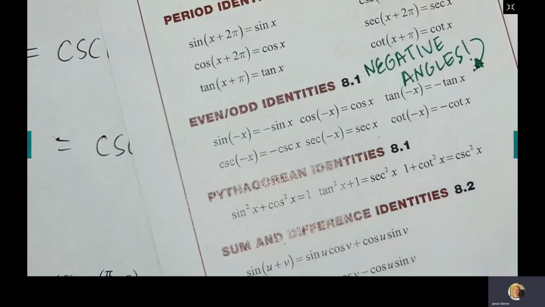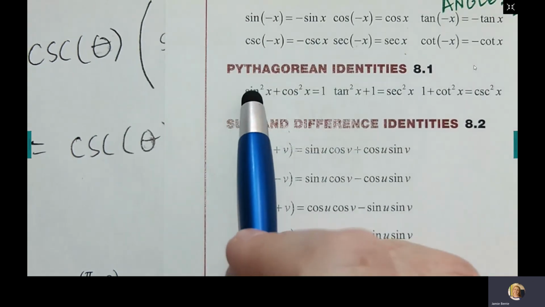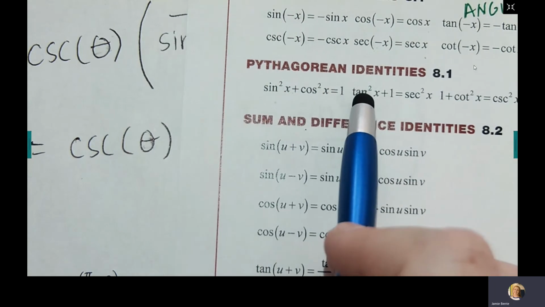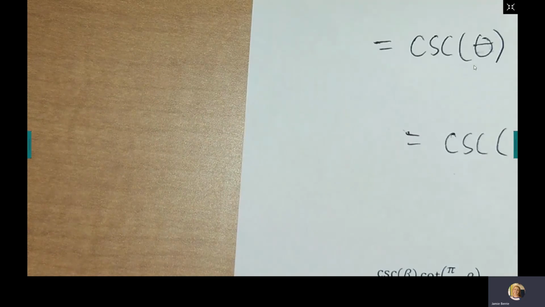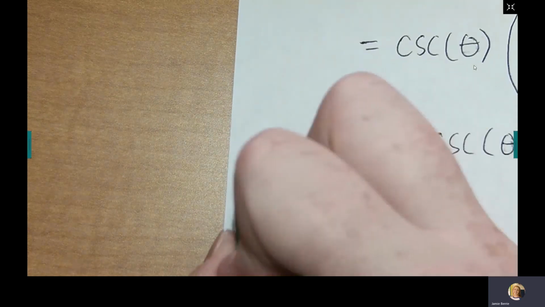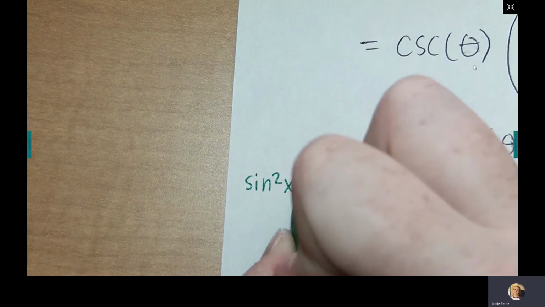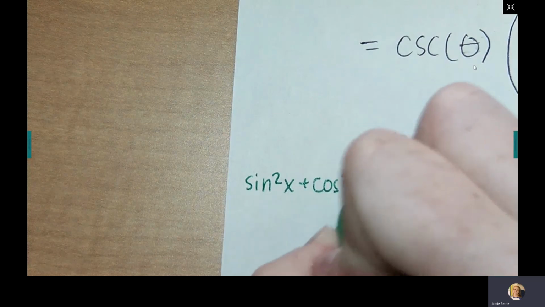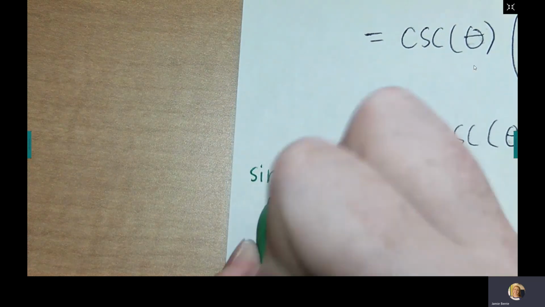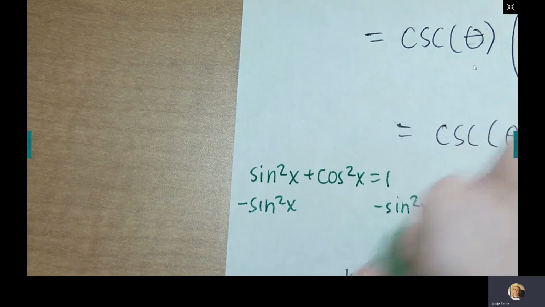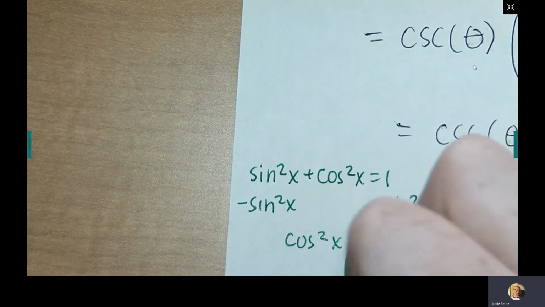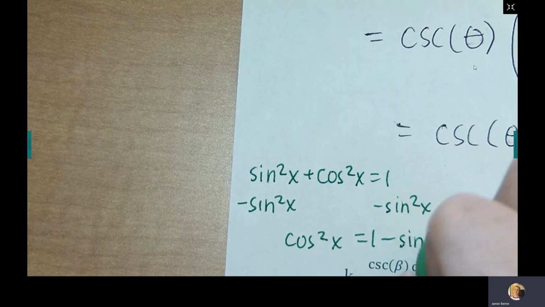So I would subtract this sine squared x to the right-hand side, and I'll write it over here on the side. If I had sine squared x plus cosine squared x equals 1, I could subtract sine squared x. That would give me cosine squared x equals 1 minus sine squared x.